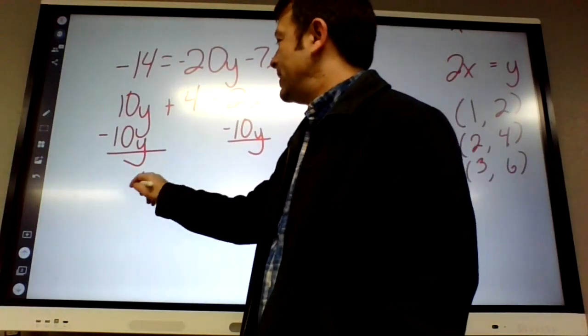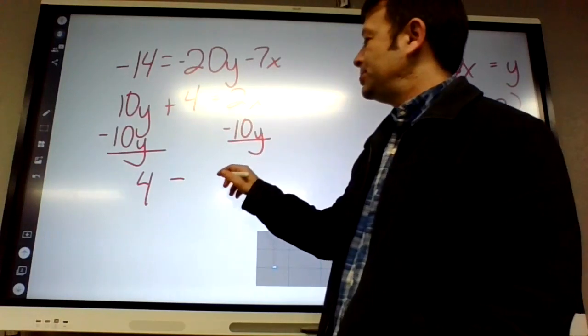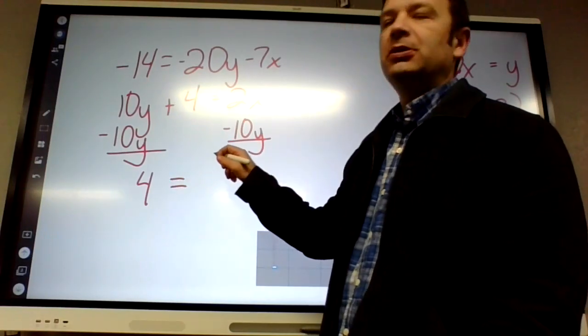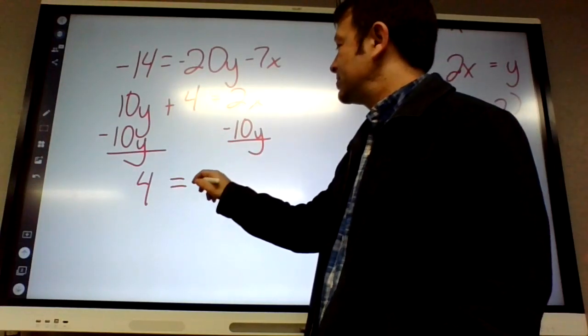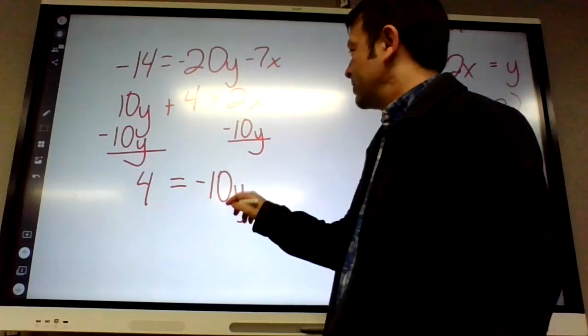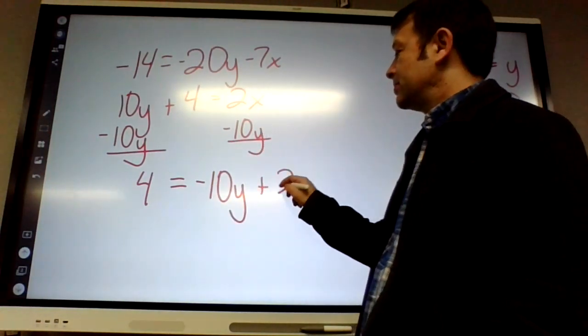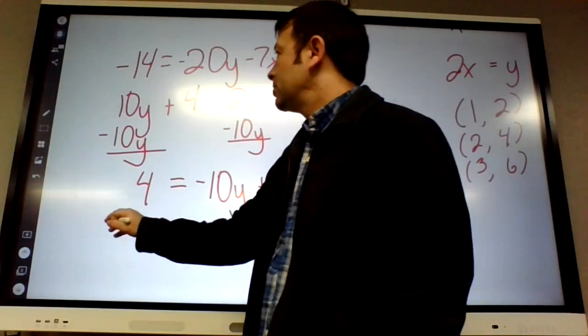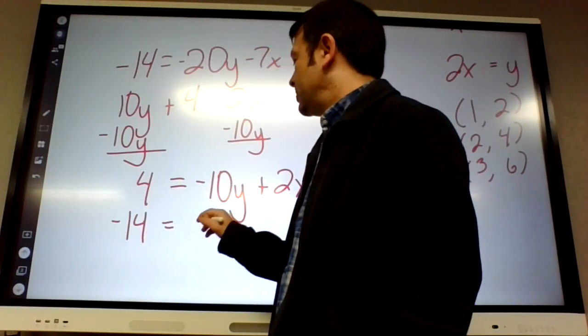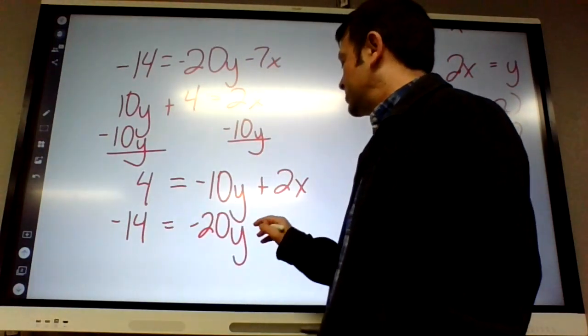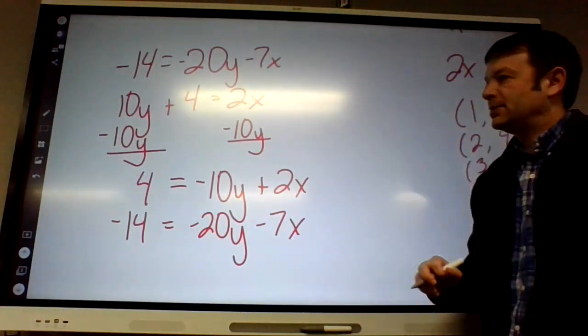So for like 20, I get 4 equals negative 10y plus 2x for the bottom line. I haven't multiplied, I'm just trying to line all the letters and numbers up. You guys see what I did?